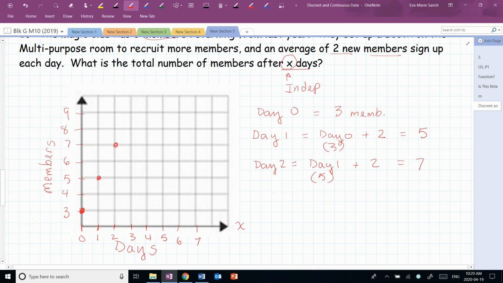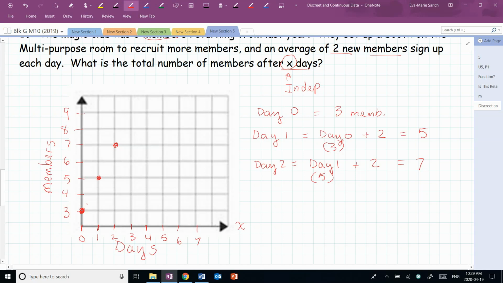Now we need to decide, should we join our points or not? Is it possible at day 1/2, right? To, in fact, if we were to join our line here, we'd end up with a point somewhere in here. Is it possible to have, right, part of a day and say part of a member? No, does not make sense to have part of a member joining.